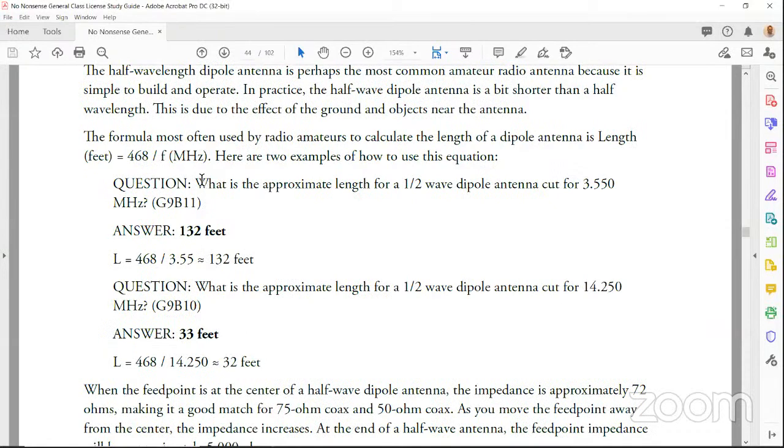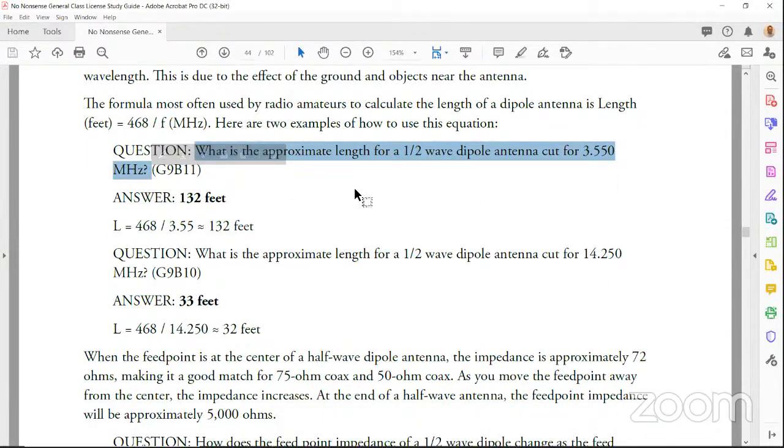Safety first. Next question. What is the approximate length for a half-wave dipole antenna cut for 3.550 megahertz? That relates to the half-wave dipole formula that we learned last class. So we simply plug that in. L is equal to 468 over F, where L is the length and F is frequency.